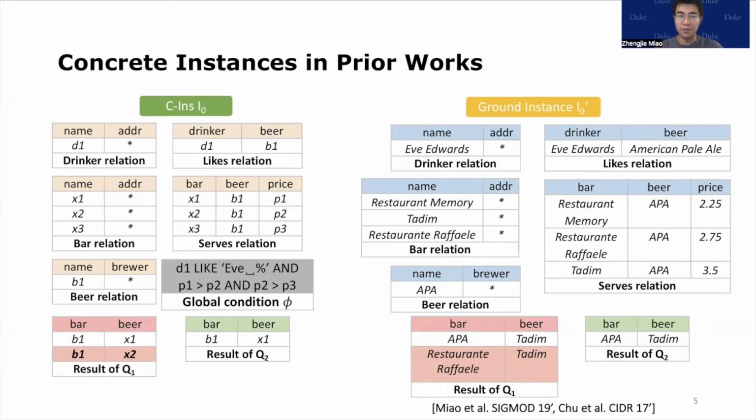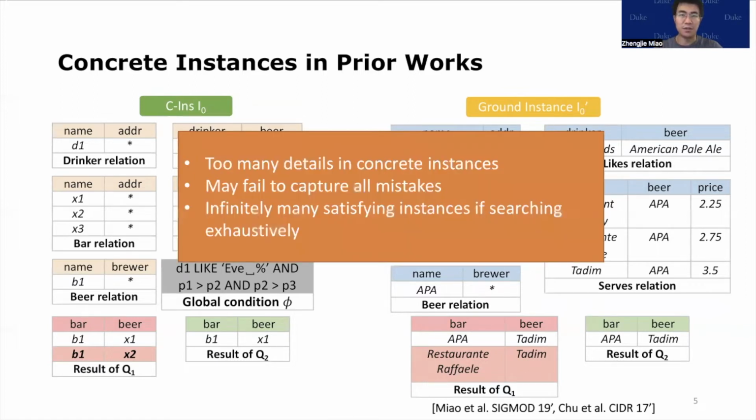As you may see from the concrete instance, there can be too many details that prevent the users from easily understanding the errors, while the C instances can abstract away unnecessary details and show the important logic when the query would return different results.